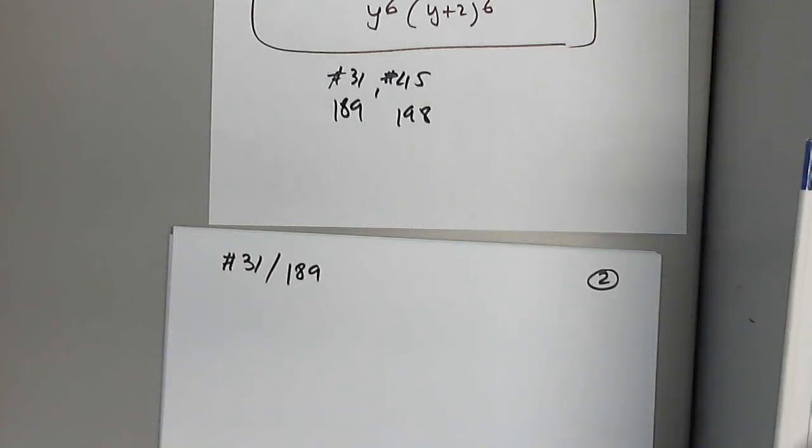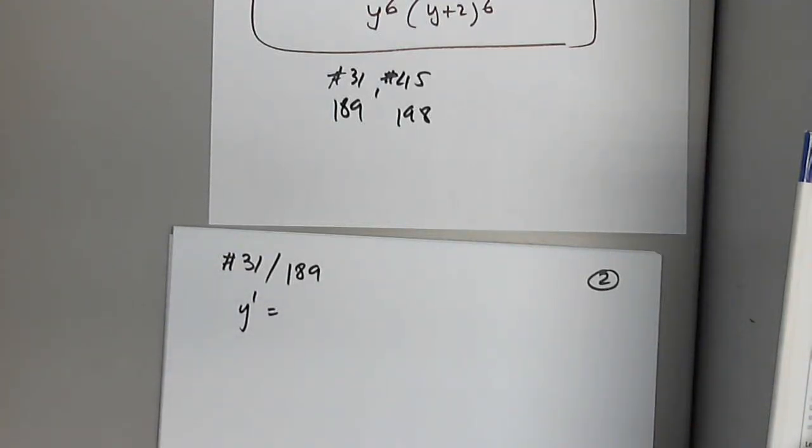31, page 189. Find the equation of the tangent line to the given curve at the specified point. Did you find the derivative?